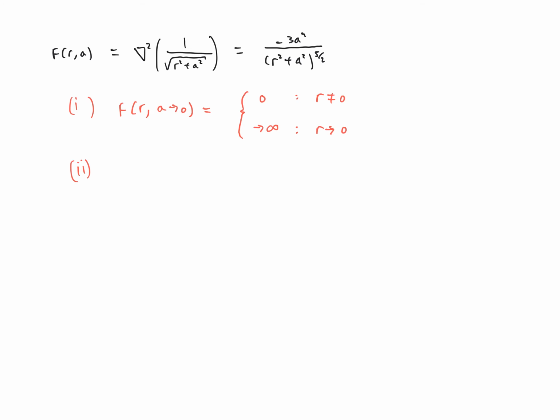The second property is that if we integrate f of r and a over all space d tau, I get minus 4 pi for all a. And these two properties together are telling us that f of r and a is a good description of a delta distribution.